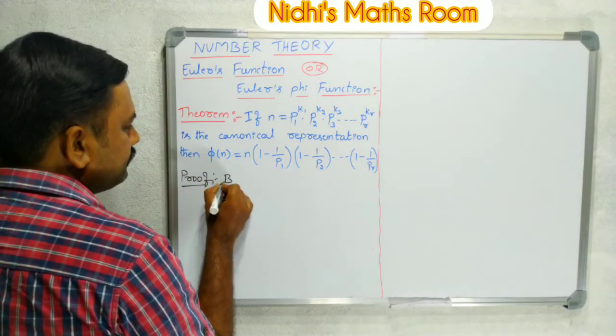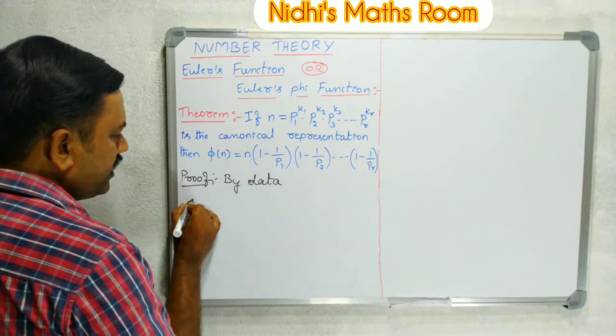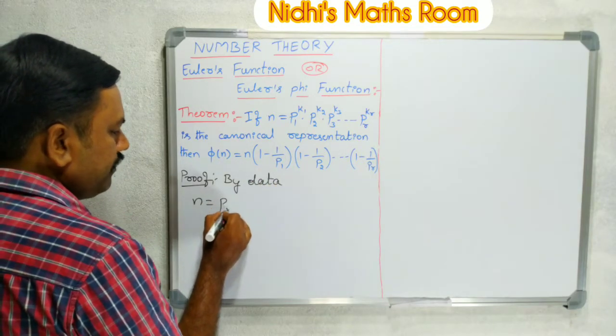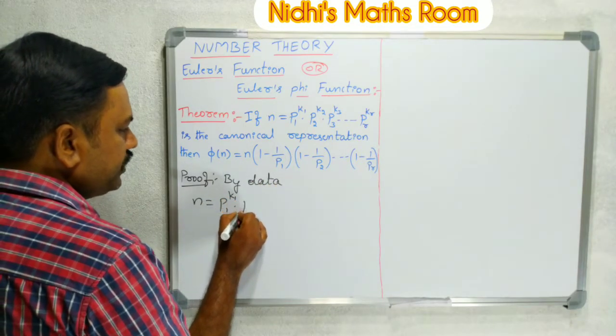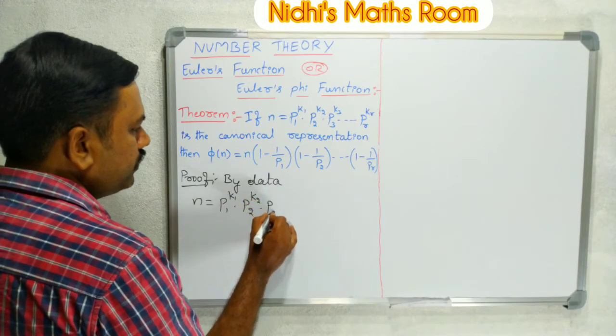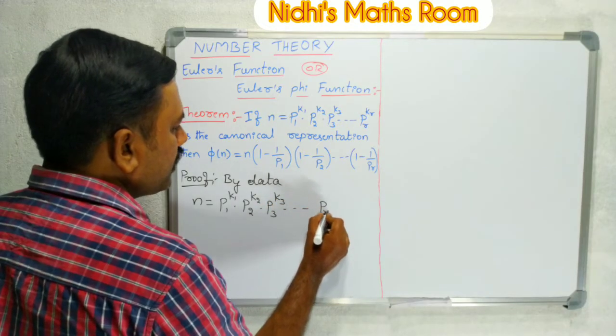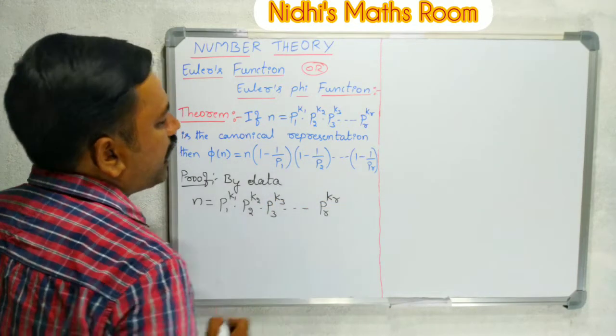By data, n is equal to p1 to the power of k1 into p2 to the power of k2 into p3 to the power of k3 so on, pr to the power of kr.